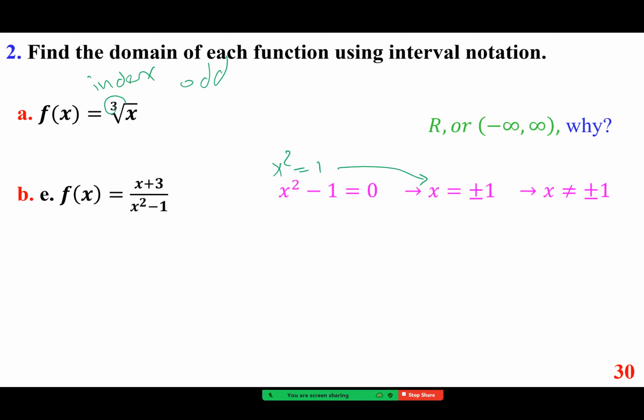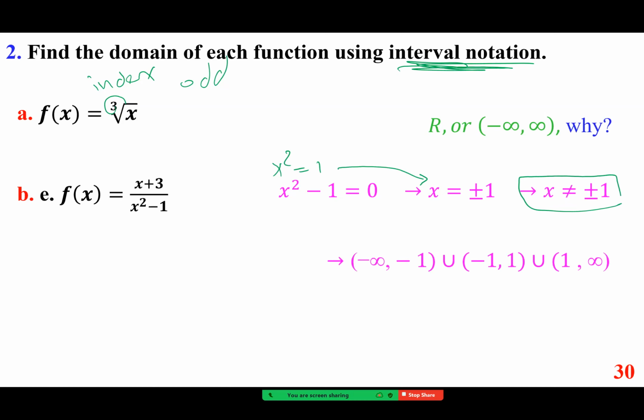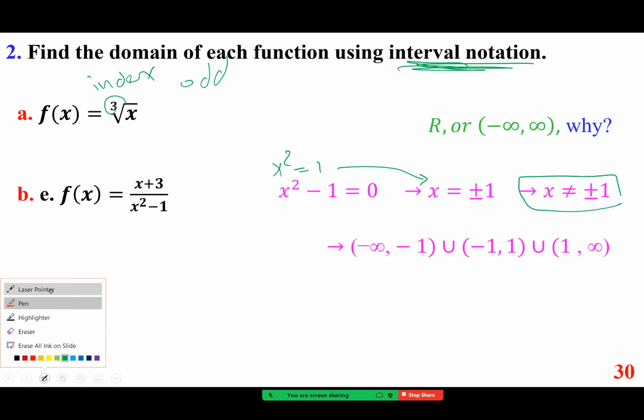Now, if you write this as the domain, it's fine. But in an interval format, we write it in this format: negative infinity to negative 1, union negative 1 to 1, union 1 to infinity. Notice the parentheses mean we are excluding the endpoints, namely 1.